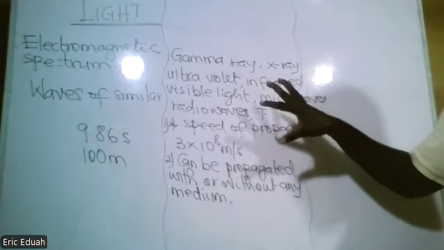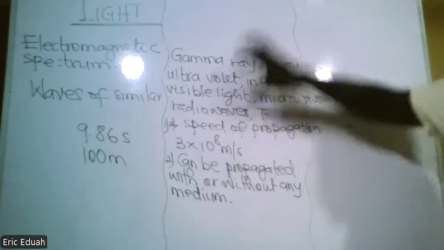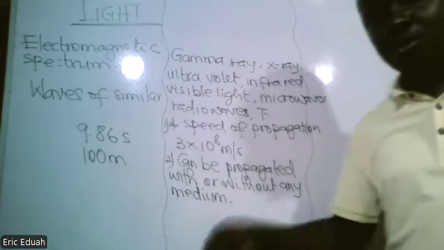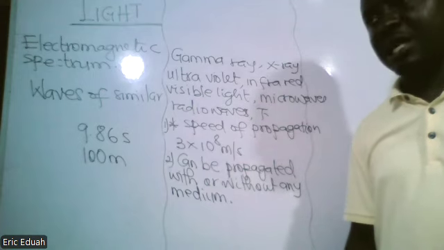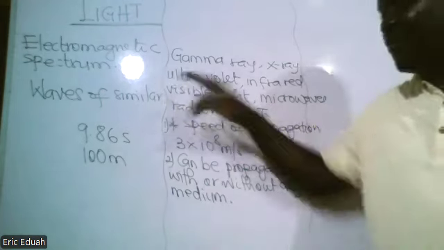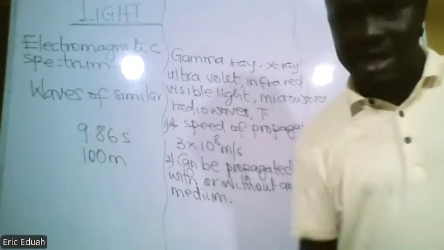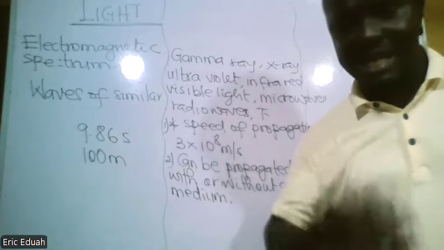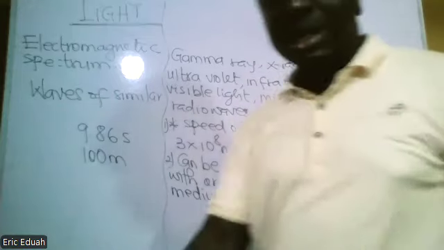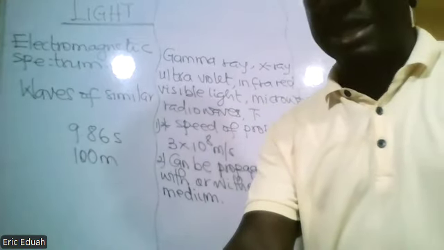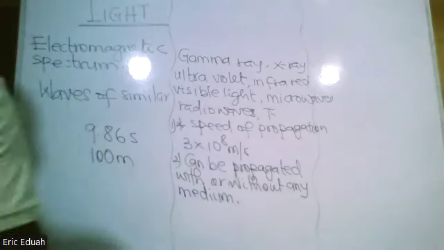So the electromagnetic waves have wider applications, and light, visible light, is part of the electromagnetic spectrum. The function of visible light actually is that it enables organisms to see, and so we say that it aids vision. So it is that part of the electromagnetic spectrum that aids vision.